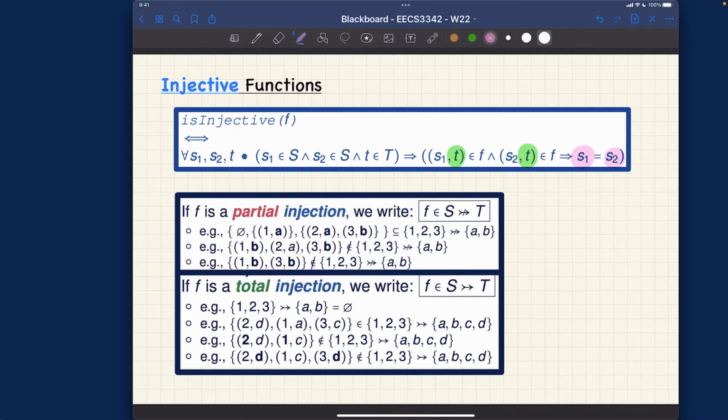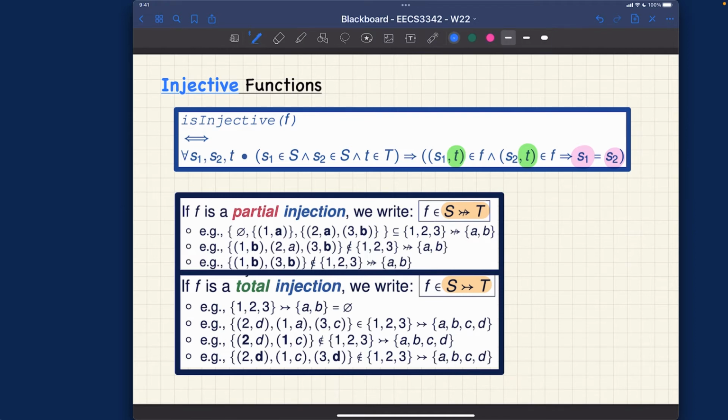Just about the syntax. If you want to talk about an injection, there's one dimension that it is an injection, but the other dimension is whether it is partial or total, right? That's a difference over there. So here we say this is the set of all possible partial injections between two sets, and this is the set of all possible total injections between two sets.